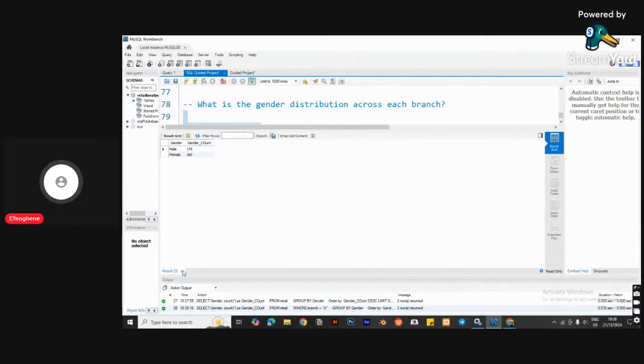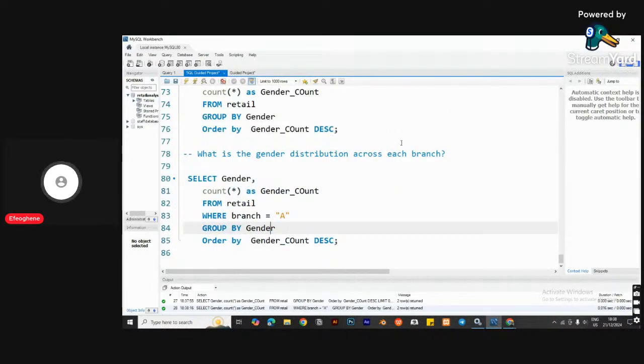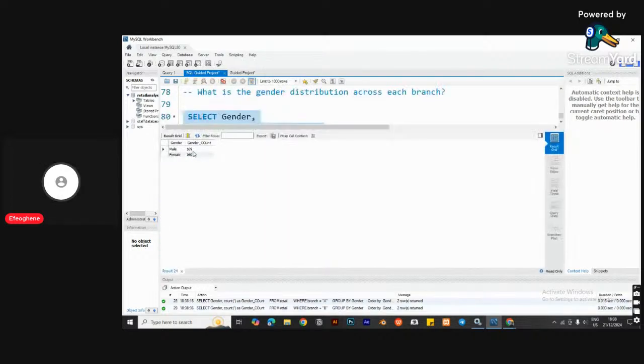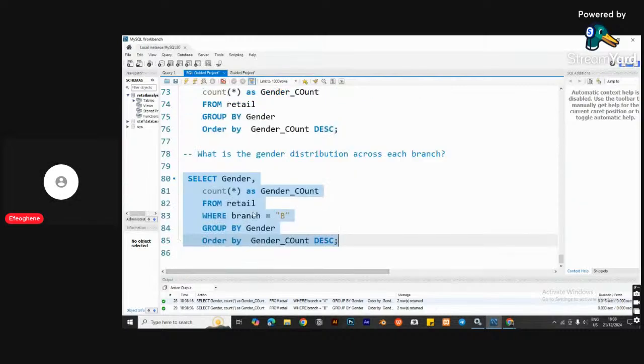We can also change this to city. We can say B. Let's check for B. This way you can just dig deep into your data. Look at female 160. We can change this to city. I don't know those city names. Okay, let's check for Mandalay. I hope I spelled that correctly.